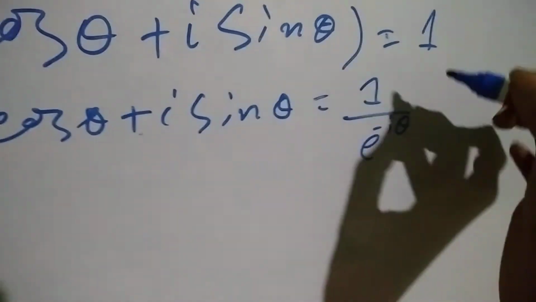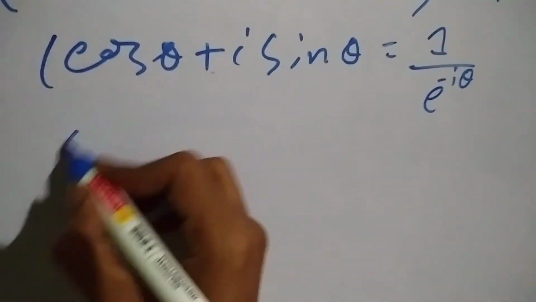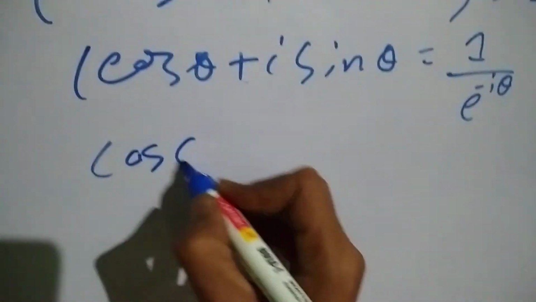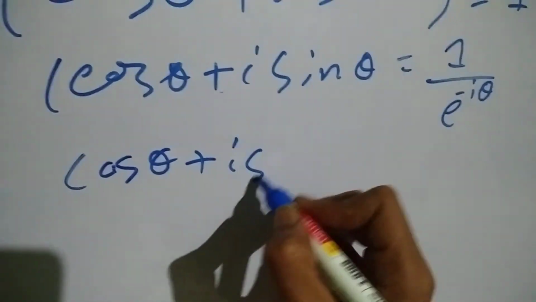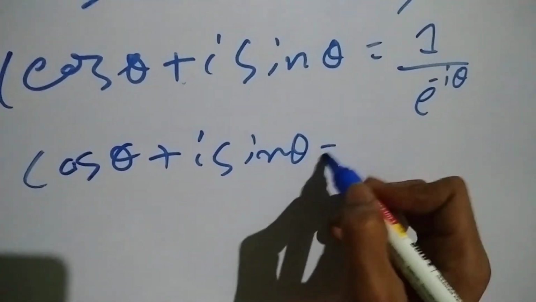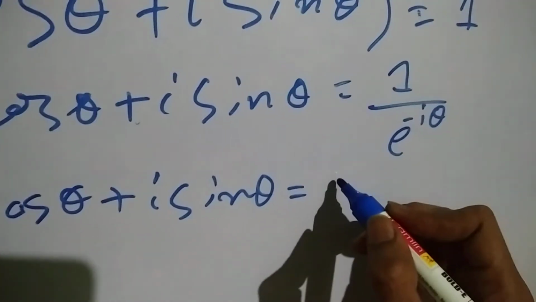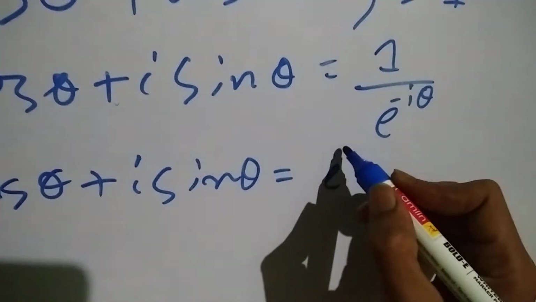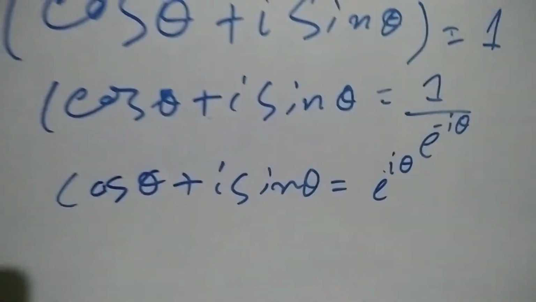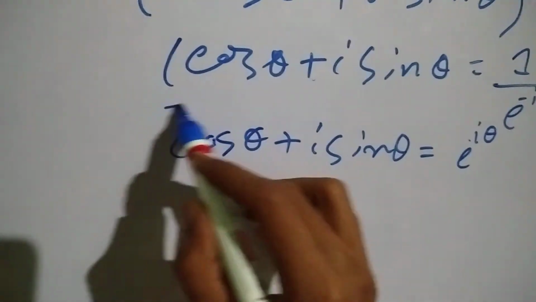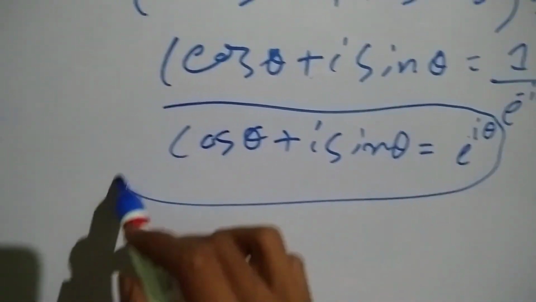If we invert this, the minus will become plus, so we get cos theta plus i sin theta equals e^(i theta). So this is the Euler equation.